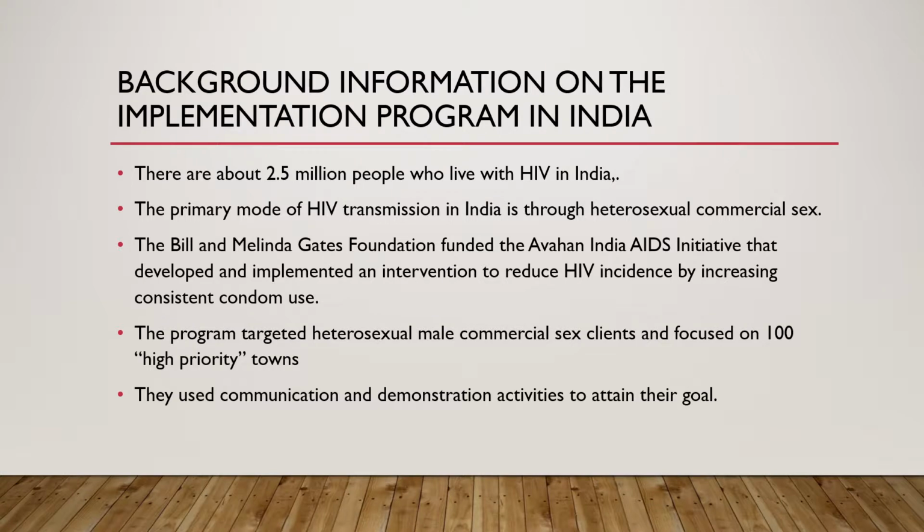So the program targeted heterosexual male commercial sex clients and focused on 100 high priority towns. This program only looked at the male commercial sex clients, and they didn't look at the female sex workers. Researchers from the program used communication and demonstration activities to attain their goal.